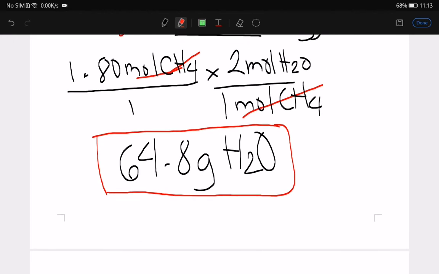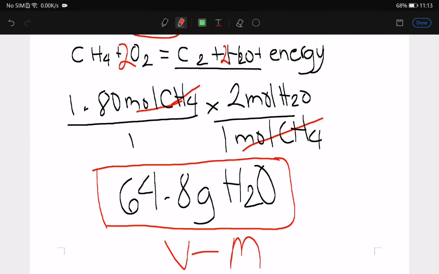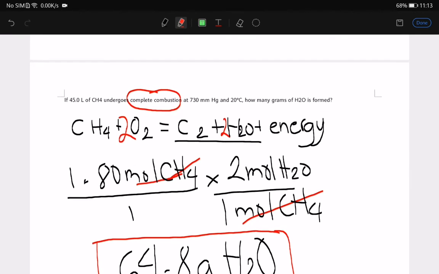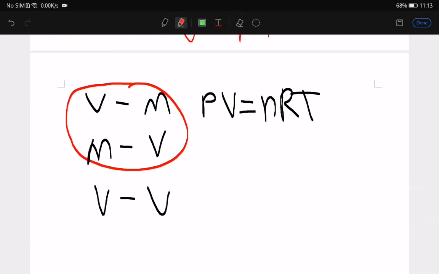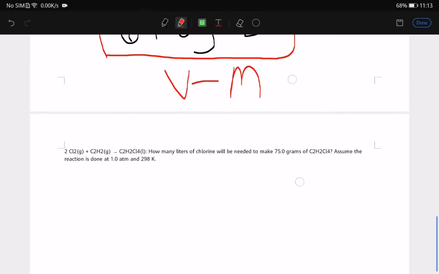This is your final answer. Again, this is a volume to mass relationship. And like I said, our next focus is the mass to volume relationship, which can be found in this problem.